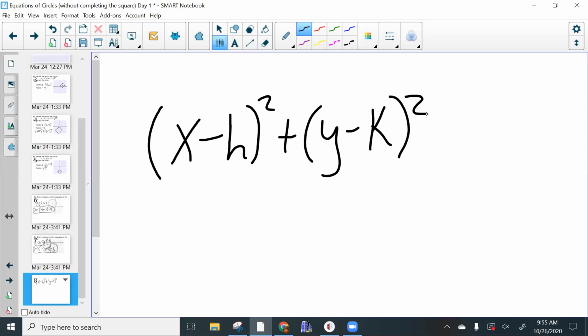And this equals r squared. And again, guys, our h is just our x coordinate for the center point, and our k is our y value. All right, and then when you're given a circle, you guys are just going to find your center point and find your radius and go from there.